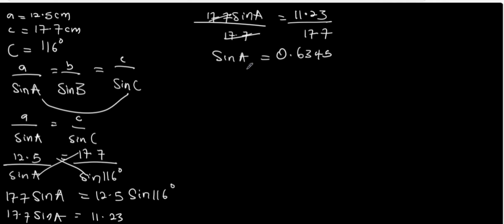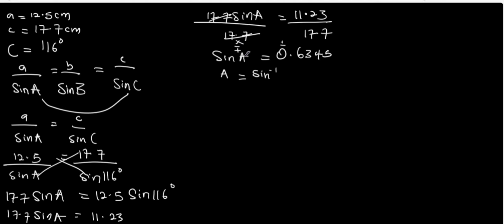Now remember, what we are looking for is angle A, not the sine of angle A. Remember, if plus crosses the equal sign, it changes to the opposite, which is minus. If minus crosses the equal sign, it changes to plus.